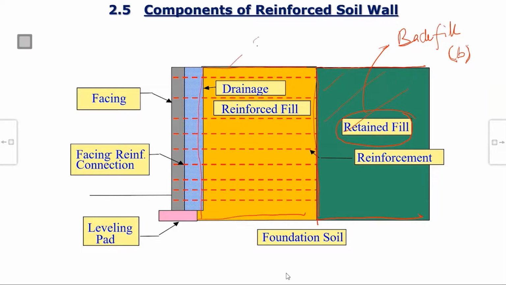This is a selected type of soil, and I put reinforcement in this. These dotted lines are reinforcement layers. There are various reinforcement layers. So this is reinforcement, and this fill is known as reinforced fill or selected fill.